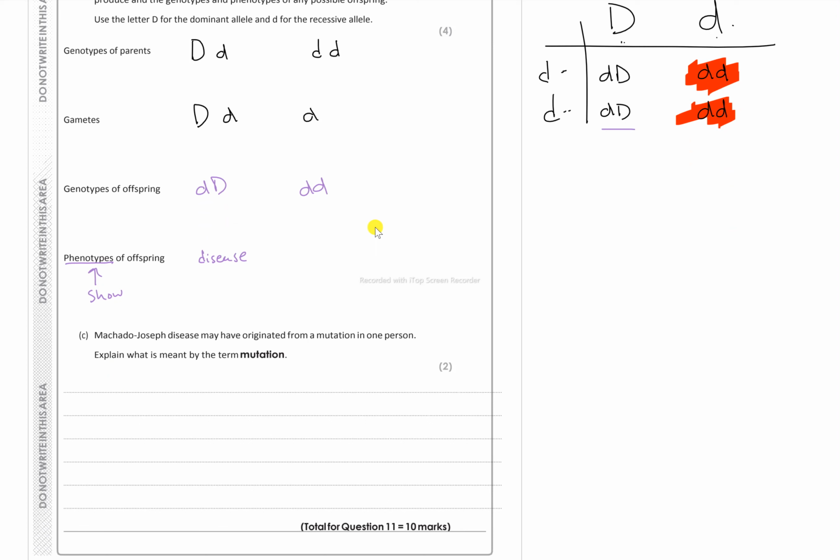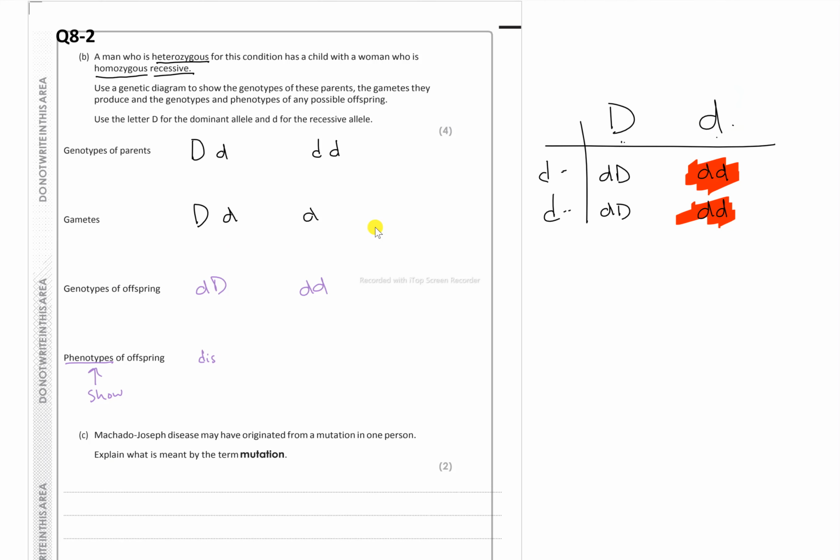So that's going to show disease. The way I see it, that's going to have no disease.